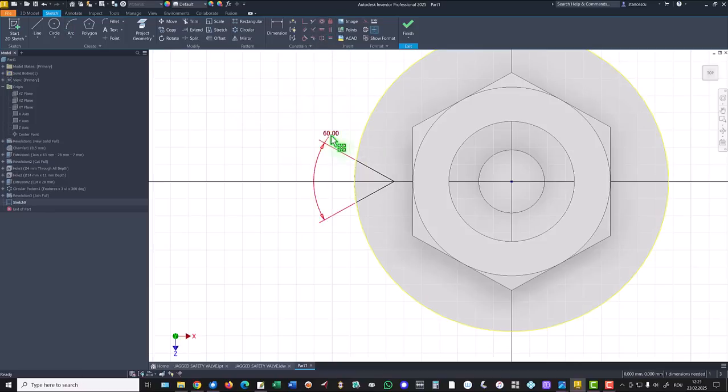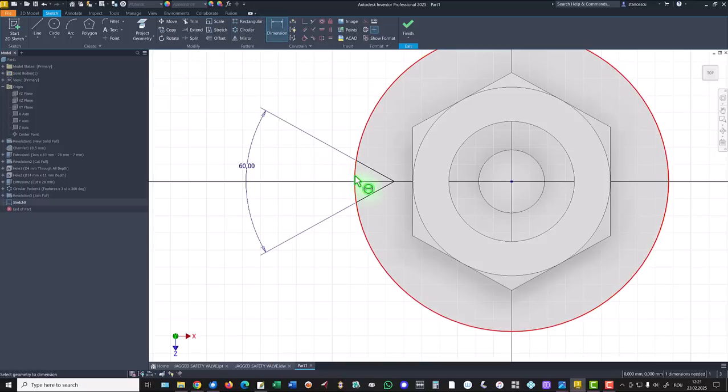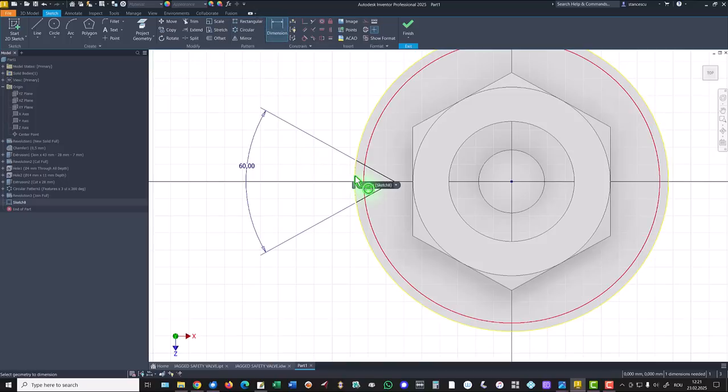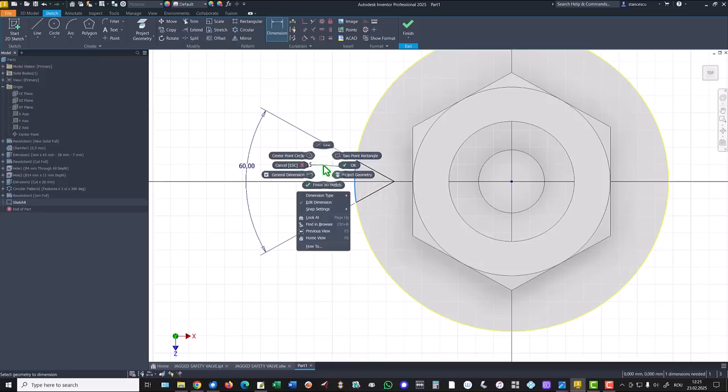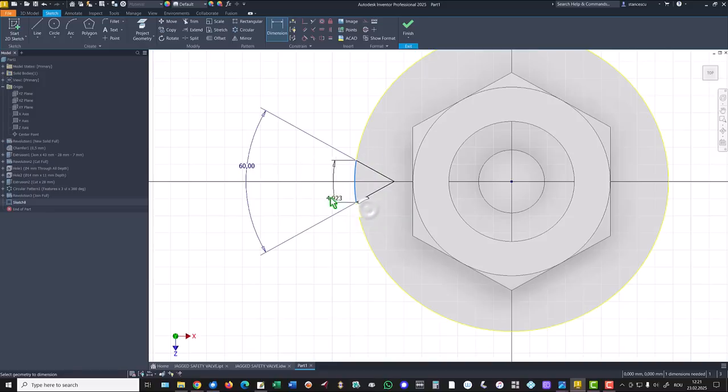Why? Because we apply now a dimension of this arc, not the circle. I wait here to select the curve, and this curve is dimensioned with the arc length.